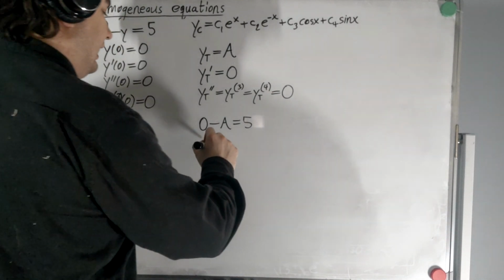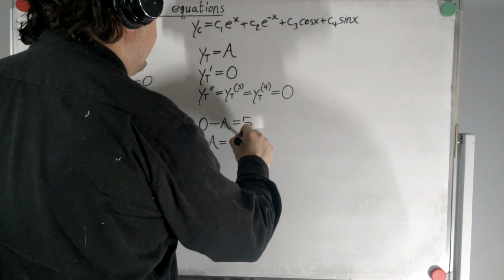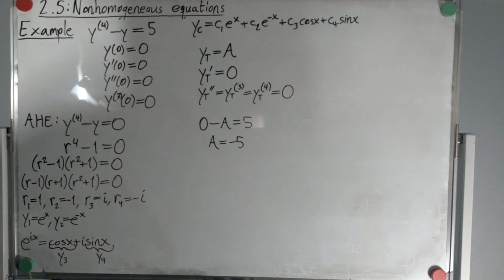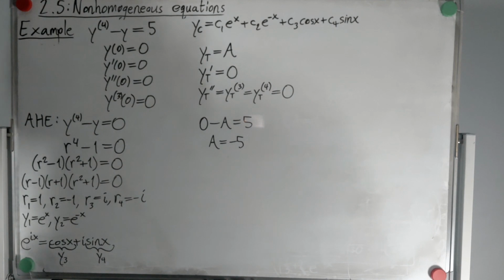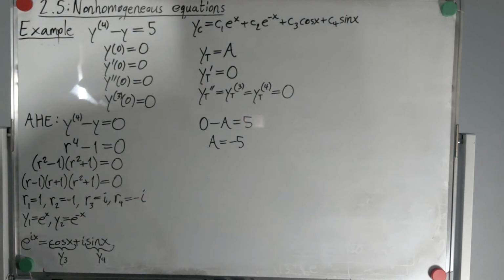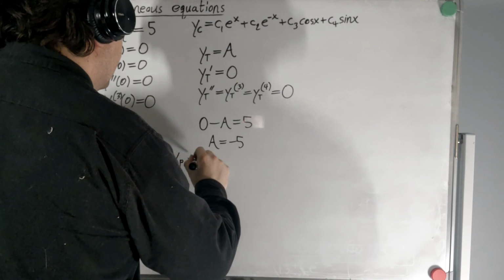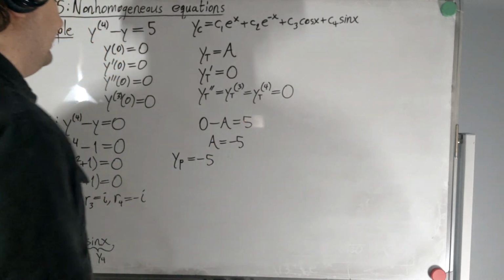That makes it pretty clear that a is negative 5. Okay, so then in that case, the particular solution is just going to be negative 5.